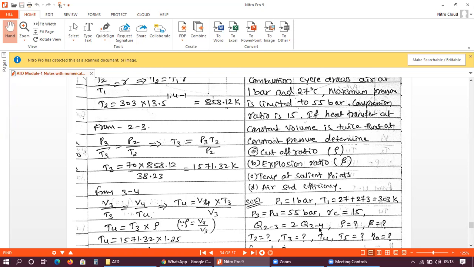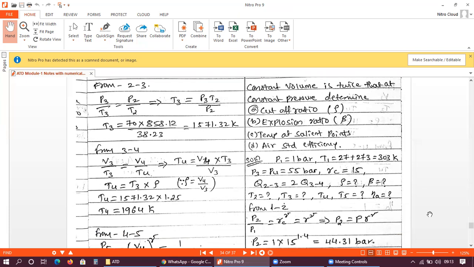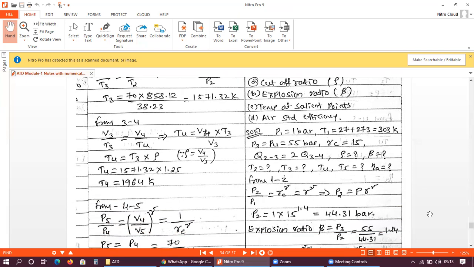Here we need to calculate the cutoff ratio rho, then the explosion ratio beta, then temperatures T2, T3, T4 and T5, as T1 is already given in the problem, that is 27 degrees Celsius. Along with that, we need to calculate the air standard efficiency. So this is the problem statement, right? You have to observe the problem statement carefully and extract the given data.